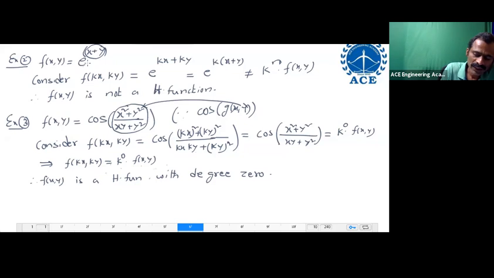Just like this, compare e power g of x comma y. Now check whether this g of x comma y is a homogeneous function with the degree 0 or not. Check it out.